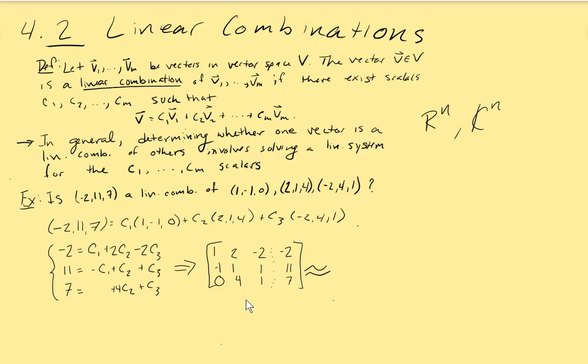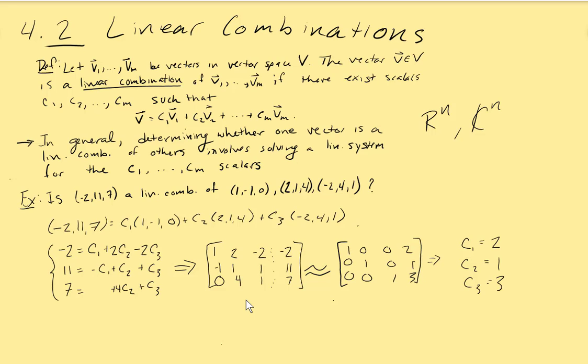But when I do this reduction, I get the matrix reduces to 1, 0, 0, 2, 0, 1, 0, 1, 0, 0, 1, 3. And of course, that's trivial to unpack or to get a solution from. We just write down c1 equals 2, c2 equals 1, and c3 equals 3.